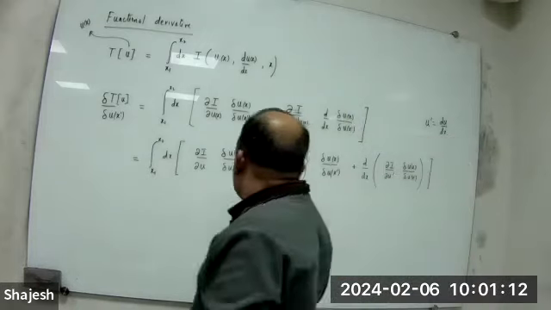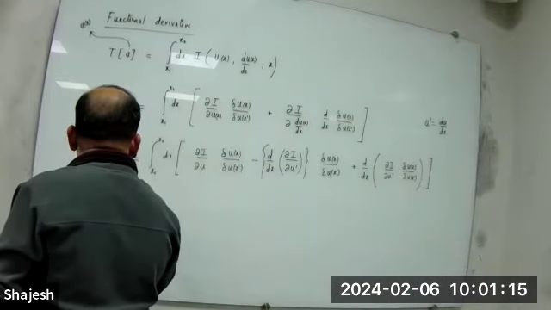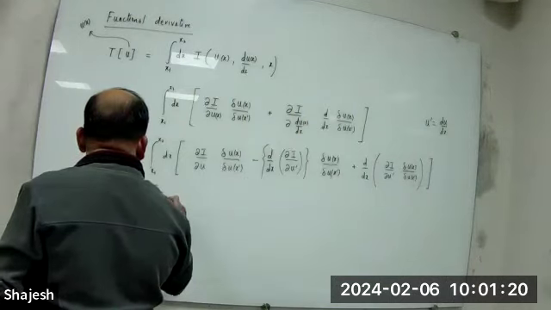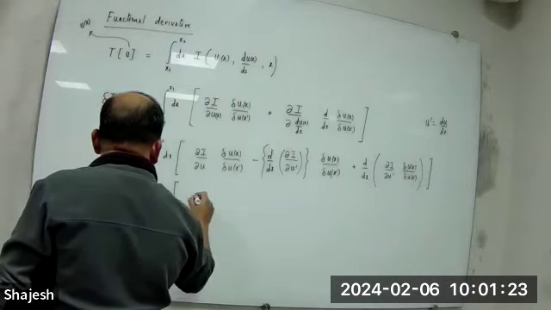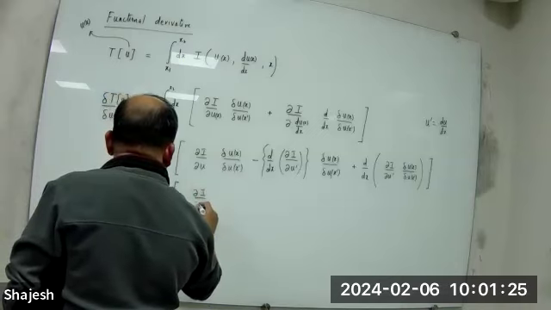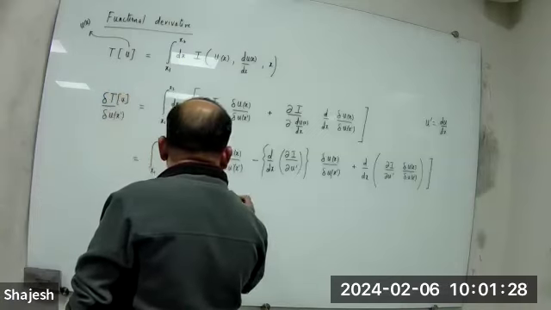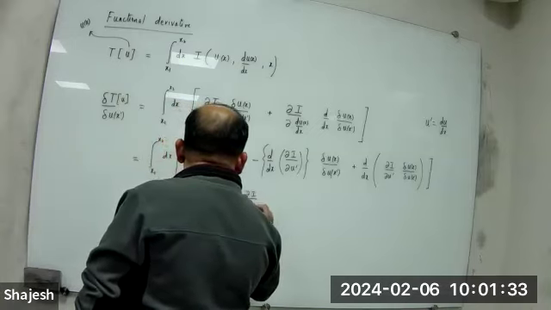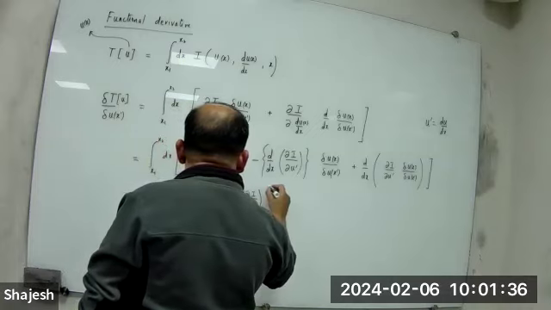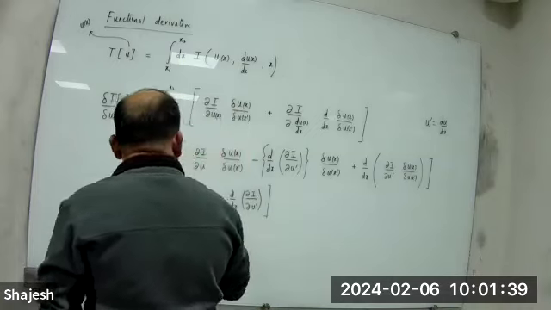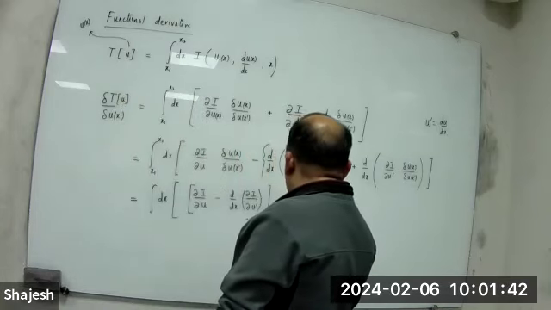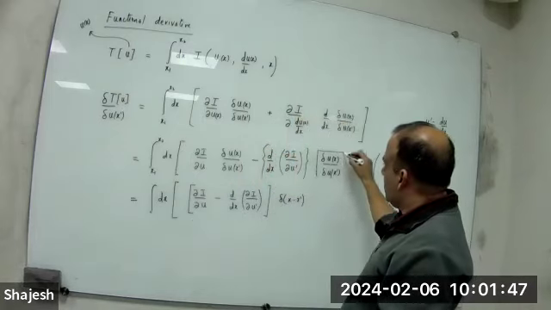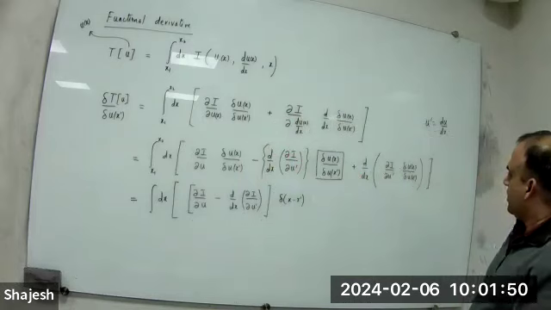Maybe I should do two more steps. So this is equal to the integral of dx, di by du, minus d by dx of di by du prime, and this is a delta function, right? That's delta of x minus x prime. This is a delta function. This quantity is also a delta function.